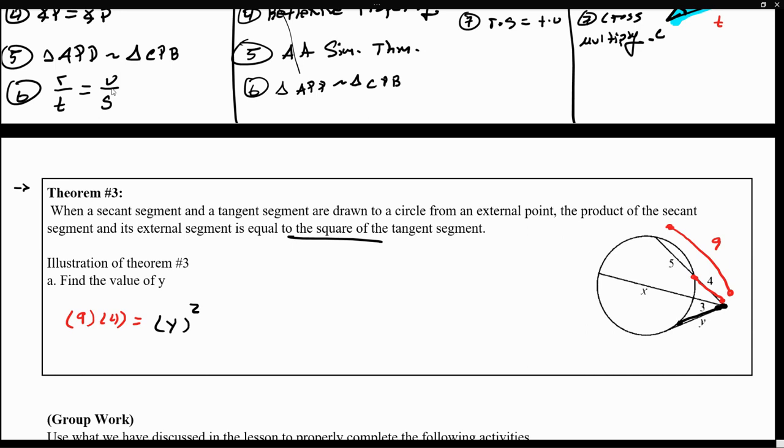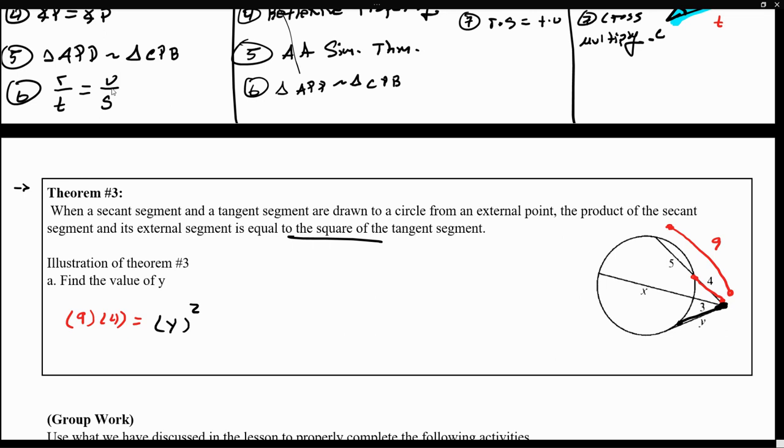When you do have a secant line and a tangent line, and they intersect at a point, there's a relationship. If I take the whole length of the secant and multiply by the exterior part, which in this case is 9 times 4, that will always be equal to the square of the tangent line, which in this case is just y.